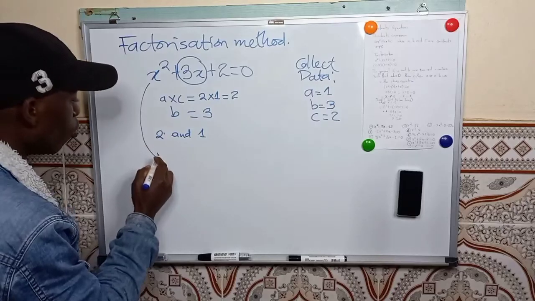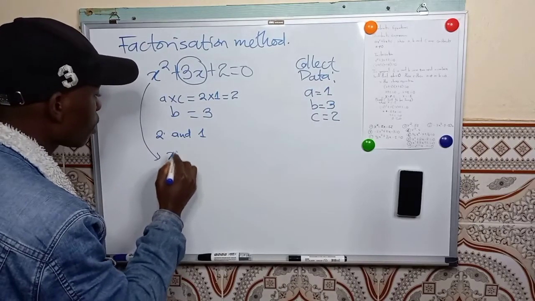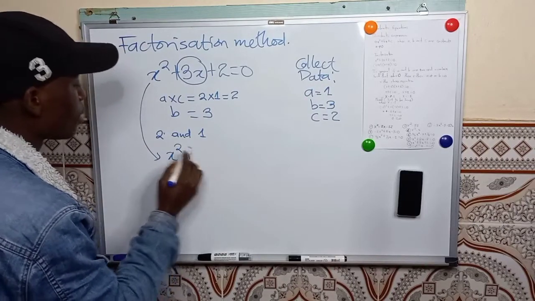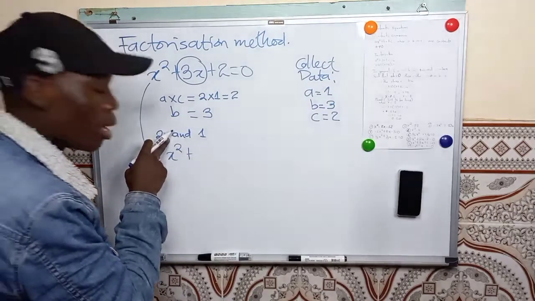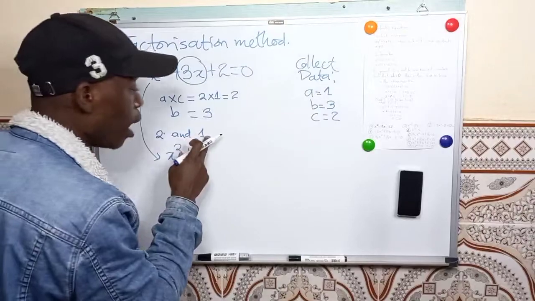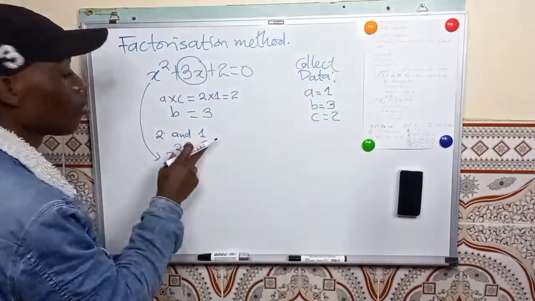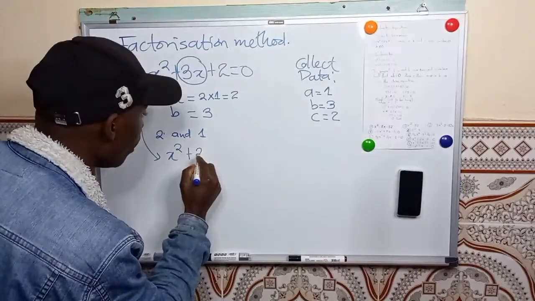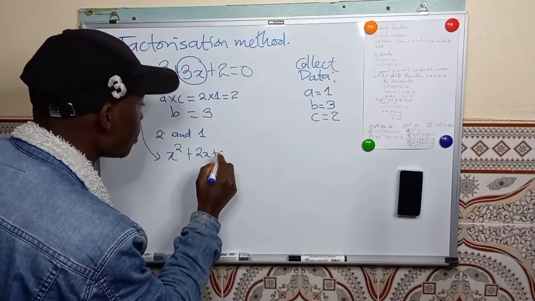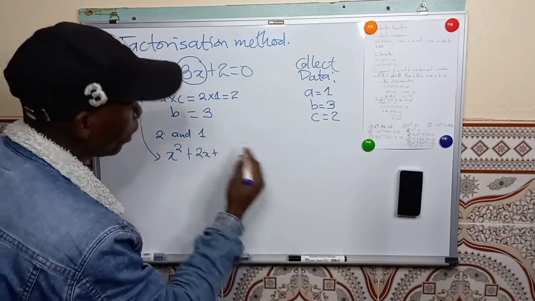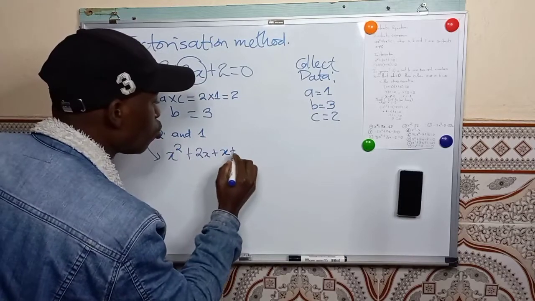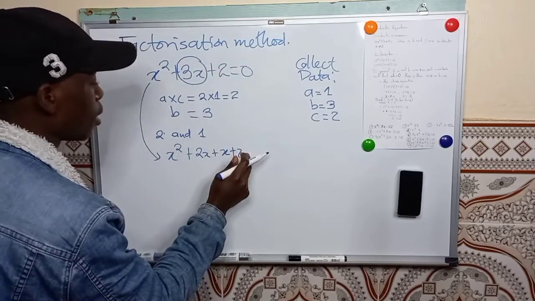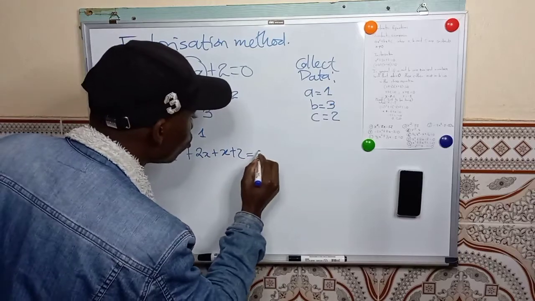It will be x squared plus 2x plus 1x, which can be written as x, plus 2. This 2 here, we get the 2 back, which is equal to 0.